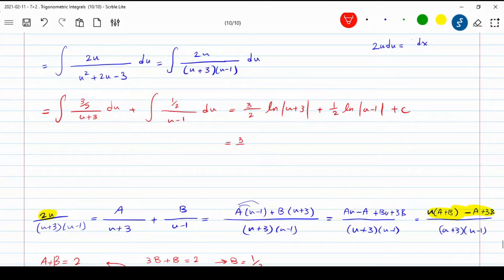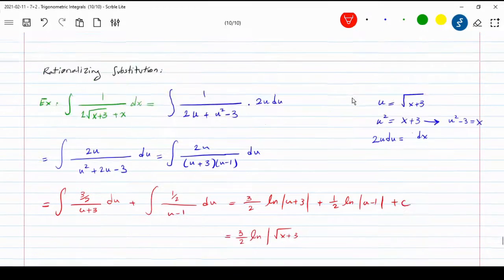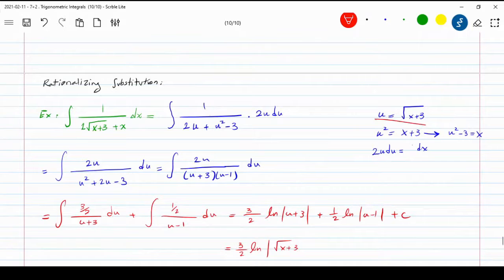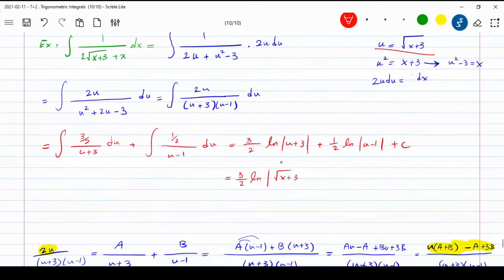And at the end, we have to get rid of that u. What is u? U was square root of x plus 3, if you remember. We picked u to be square root of x plus 3. So I have 3/2 ln absolute value of square root of x plus 3 plus 3, and plus 1/2 ln absolute value of square root of x plus 3 minus 1 plus c. And this is the answer. We got rid of all those u values.